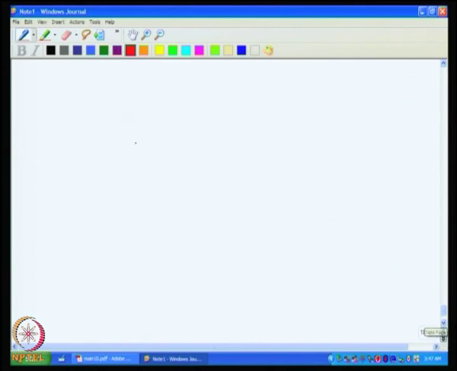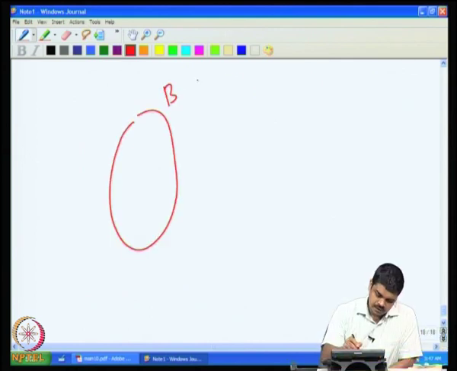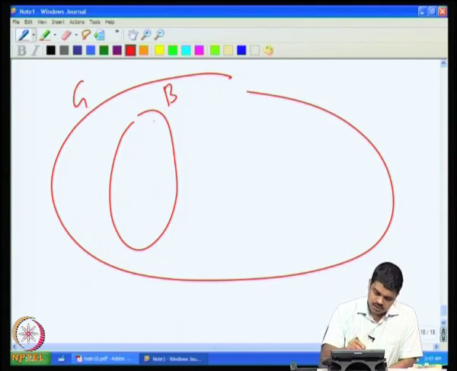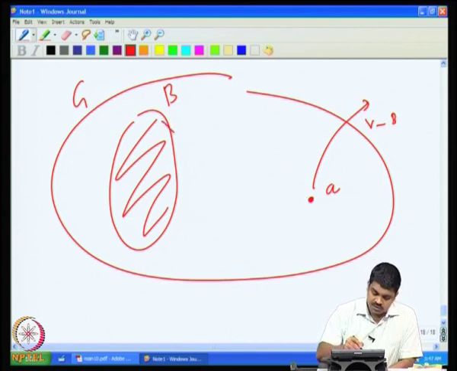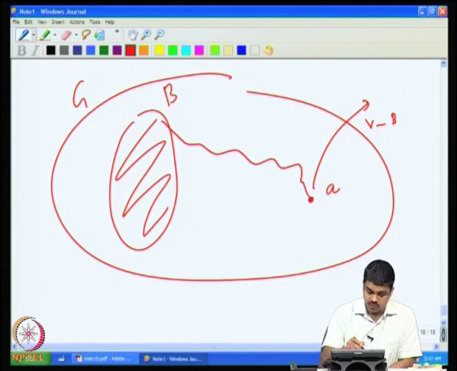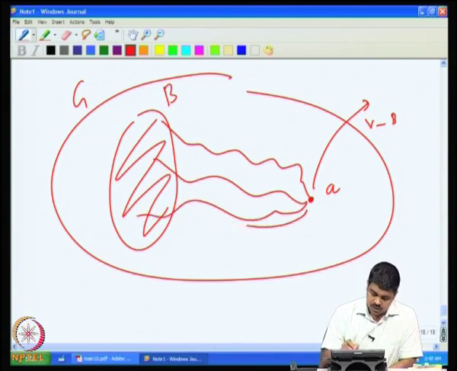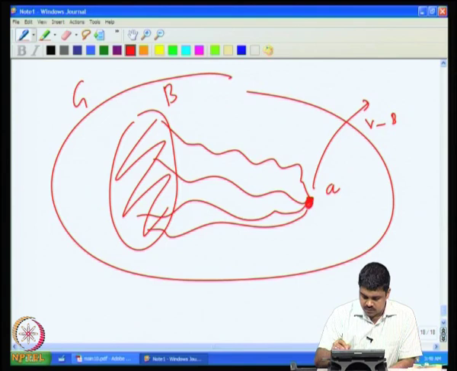So here is a graph G, and here is a set B, and then we take a vertex A outside B. That means this A belongs to V minus B. Now we want to find some disjoint paths starting from A to B. Disjoint means other than this vertex A they should be internally vertex disjoint, that means nothing else should be shared.